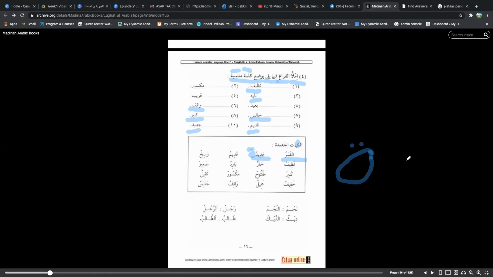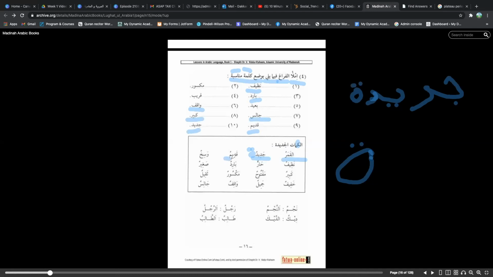If you want to say the female teacher is new, mudarrisatu jadidatun, it would have to match. The adjective has to match in number and in gender. So she has to be jadidatun. Sorry, she can't be jadidun. Mudarrisatu jadidatun.